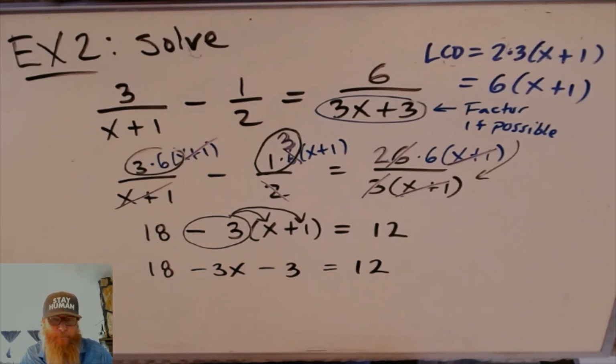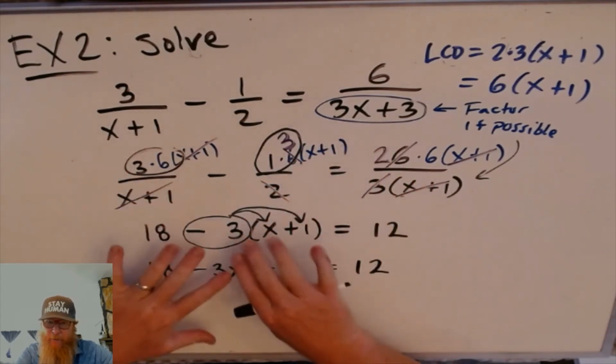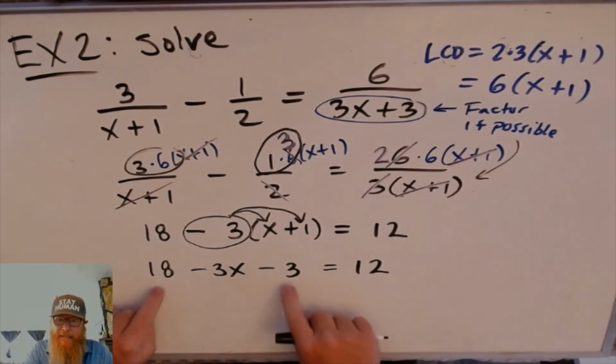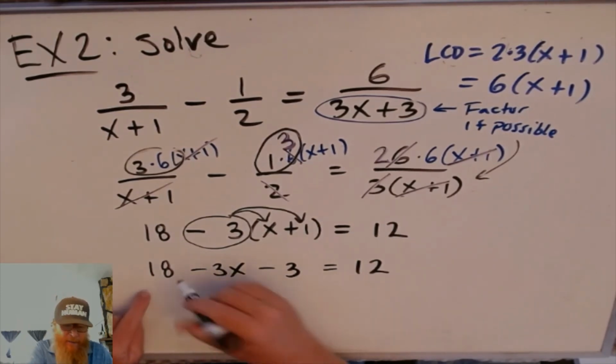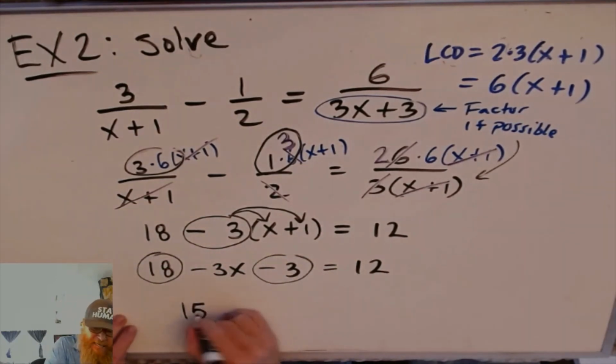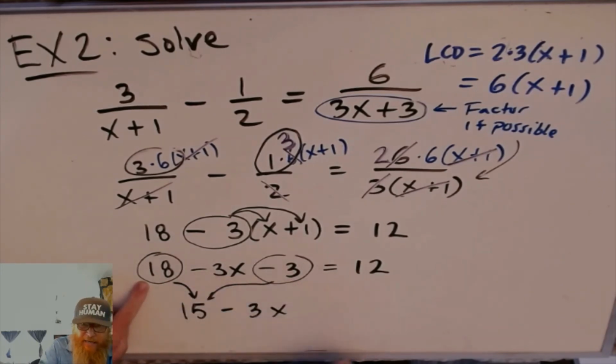I can't tell you how many times I've seen people do everything right, and then they'll see something like that, and it'll end up screwing up the whole problem. So just be careful. Now you can combine the 18 and the 3. Over here, 18 and this 3 here combine to become 15. 18 positive and negative 3.